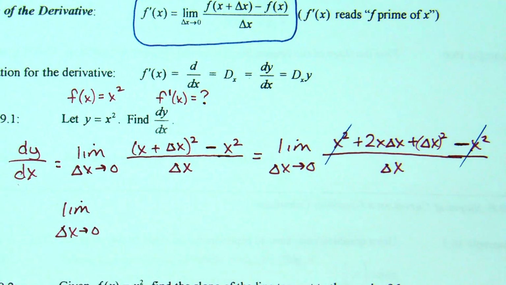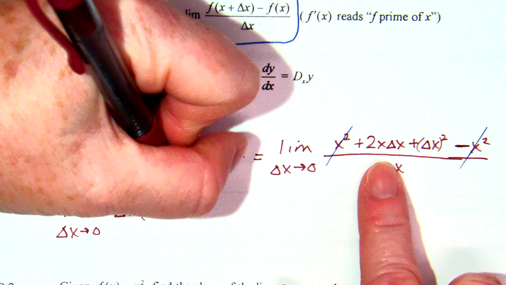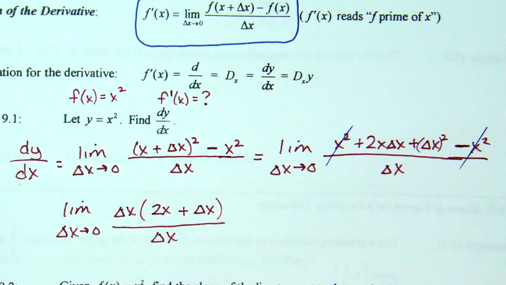So I'm going to factor out delta x on top, which means I'm left with 2x on this term, plus, if you have delta x squared, you factor out delta x, we're left with delta x all over delta x.